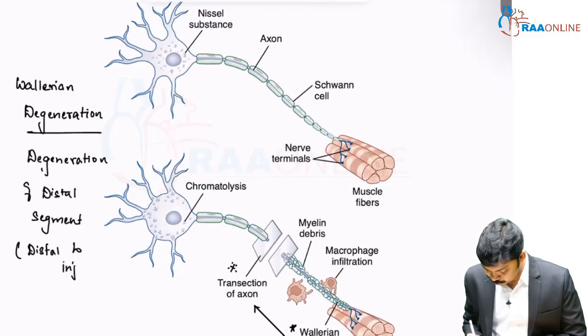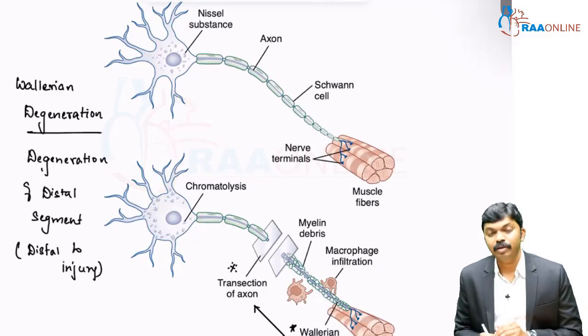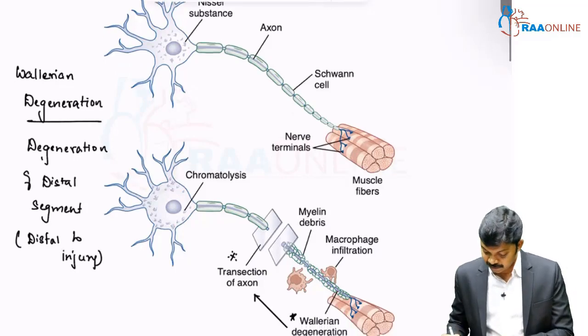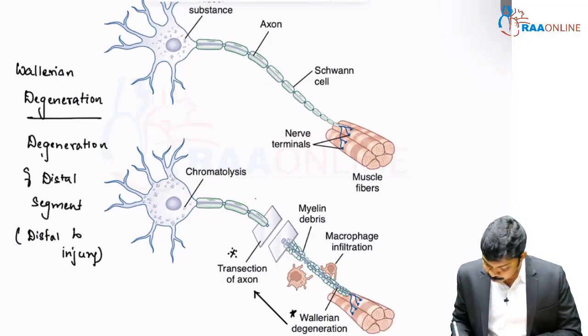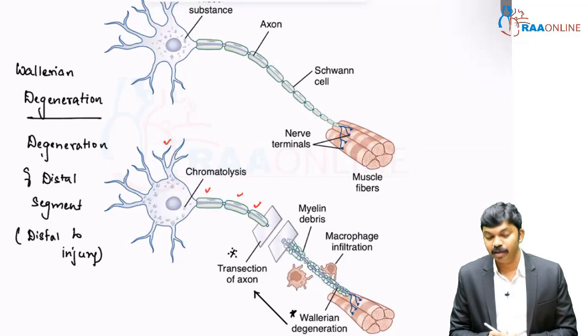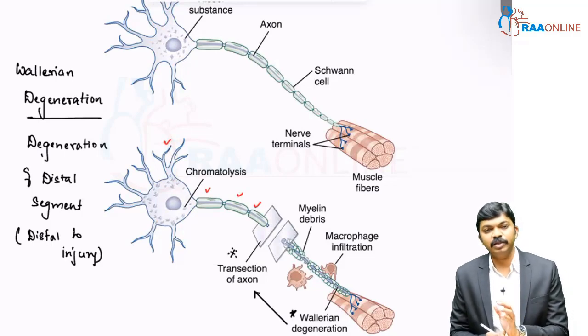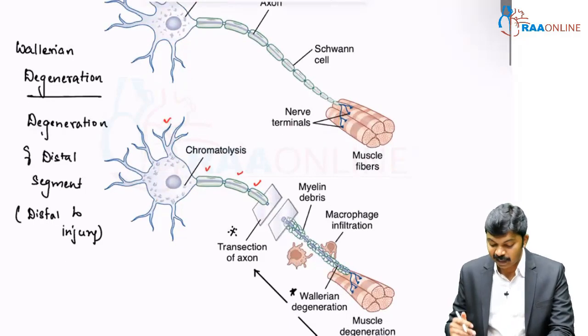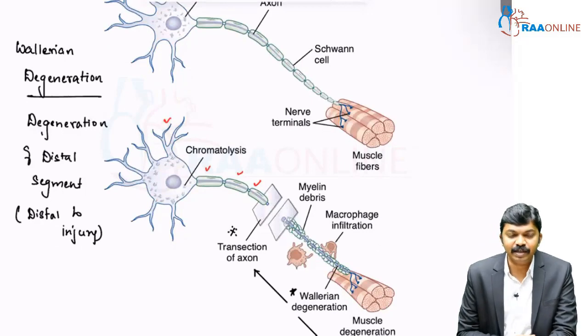This does not involve degeneration proximal to the injury site. So there is no problem to these regions, alright. The segments which are proximal to injury are going to be very fine, very normal, and only the segment which is distal to the injury is going to be degenerated, and that process is what is called Wallerian degeneration.